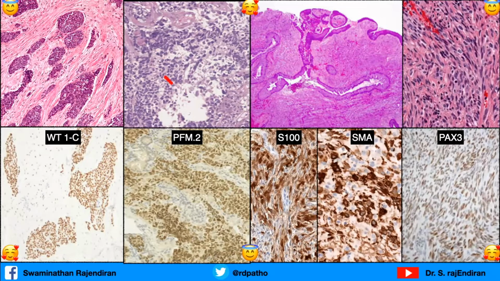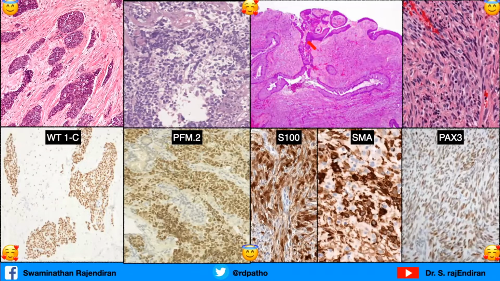And here, small blue cells again, where in some of the cells the center is gone, so it is trying to show an alveolar pattern, and PAX3-FOXO1 is positive in the nuclei. This is a classic marker for alveolar rhabdomyosarcoma.